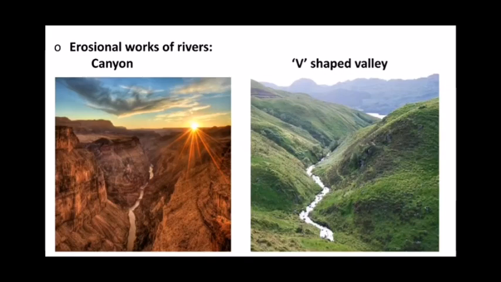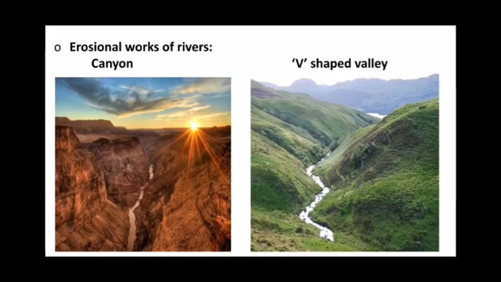Sand particles, pebbles, etc. move along with the flowing water and the various tributaries joining the main river. All these lead to the formation of gorges like canyons, V-shaped valleys, and even waterfalls. So children, you can see in the picture, the first one is a gorge, which is a canyon.